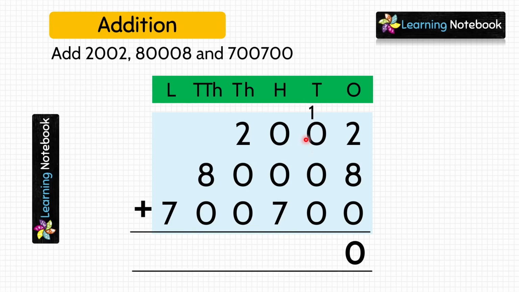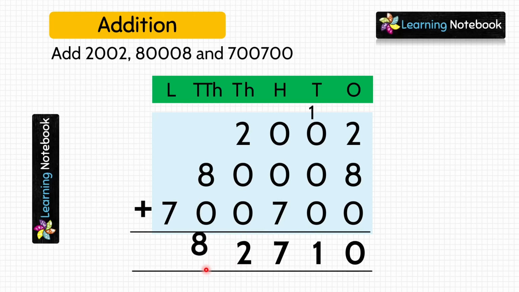Next, take a look at this tens place. Here we have only the 1 carry. Rest of them are 0. So let's write 1 in the answer. Then at hundreds place we only have 7. So write 7 in the answer. Then at thousands place we have only 2. So write 2 here. Next at ten thousands place we have 8.